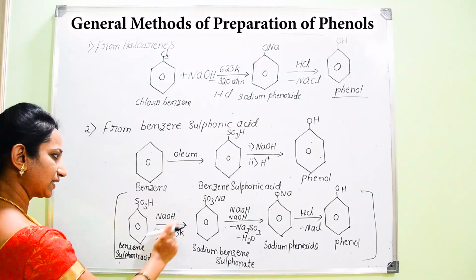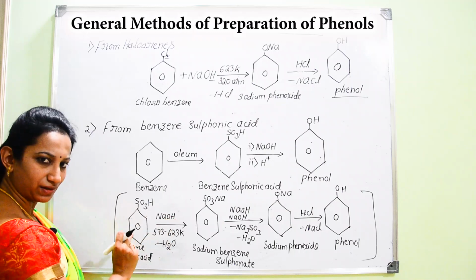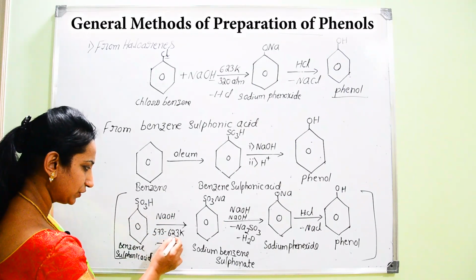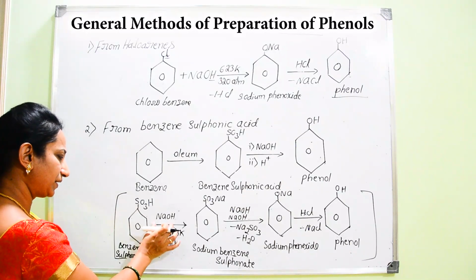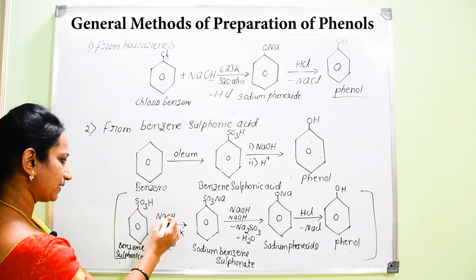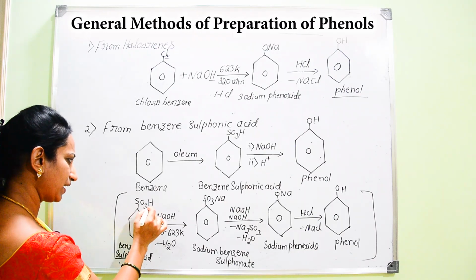Once you get this benzene sulfonic acid, first it is heated with sodium hydroxide at a temperature of 573 Kelvin to 623 Kelvin. Once it is treated with sodium hydroxide, there will be presence of OH here, and here there is presence of SO3H.